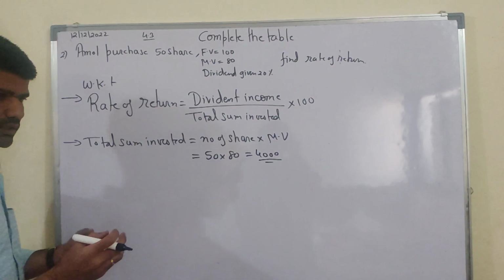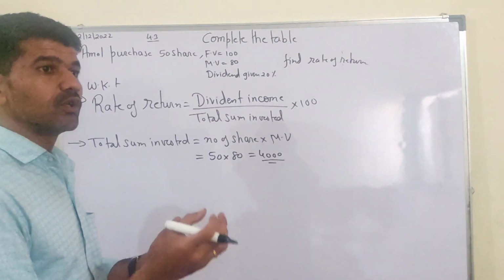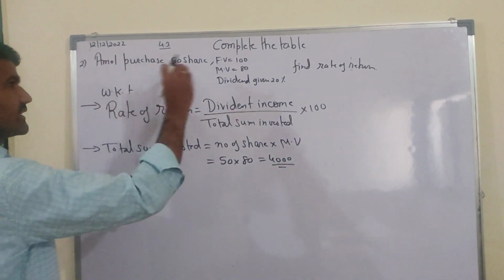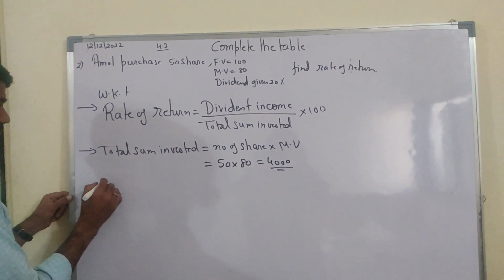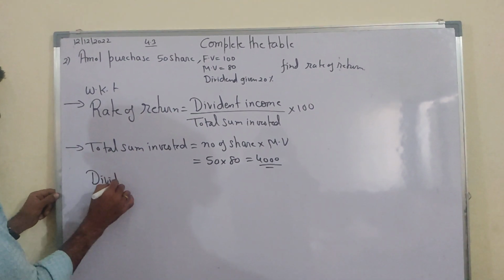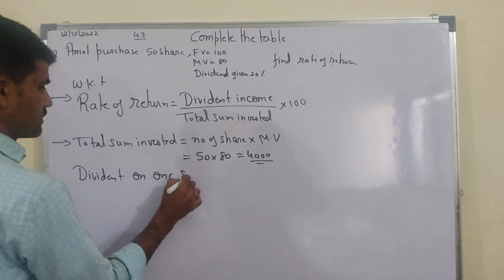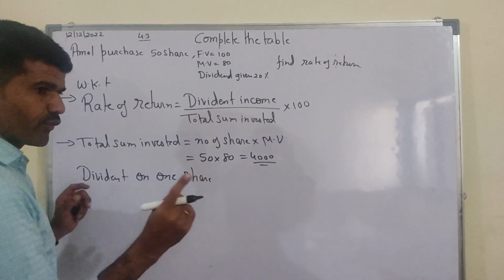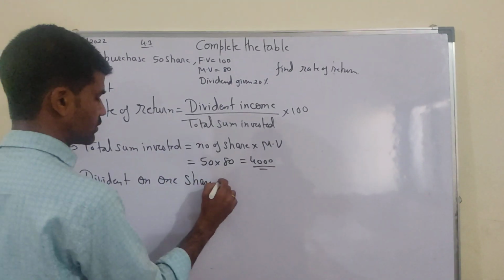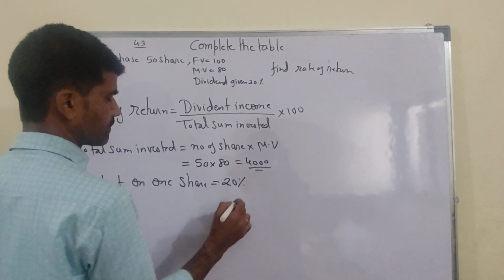Now dividend. How much annual profit did Amol get? That we will find out. The company has given 20%. First we will find the dividend on one share. Dividend on one share equals 20%.